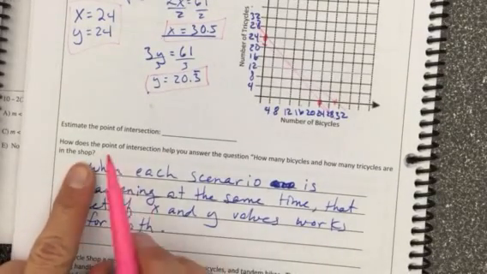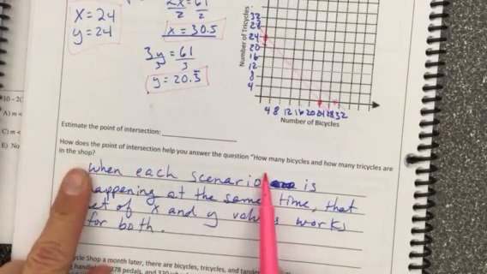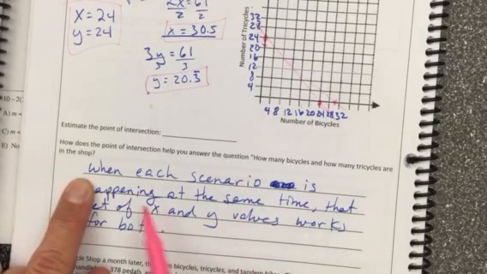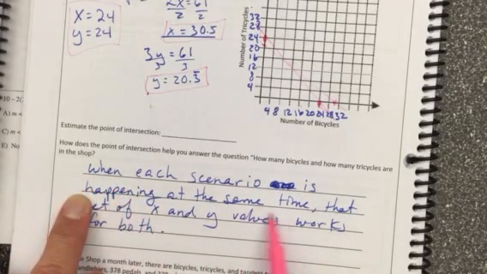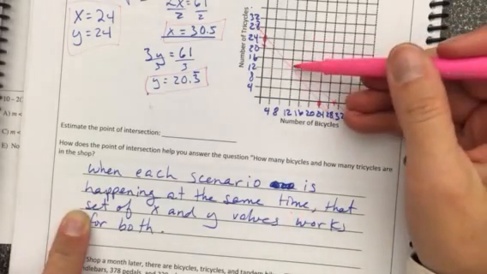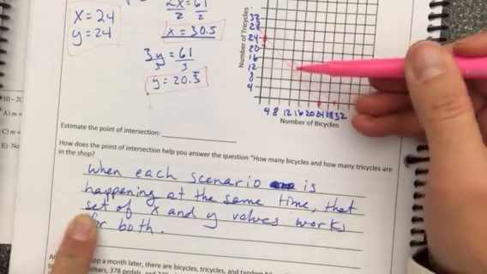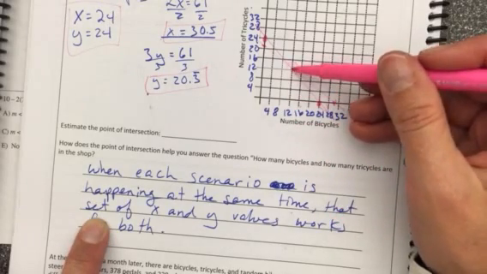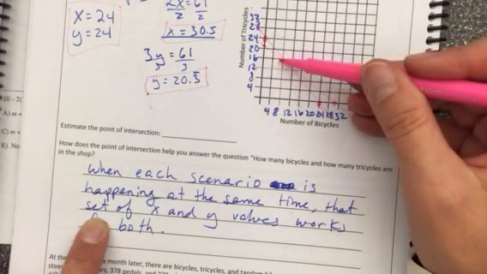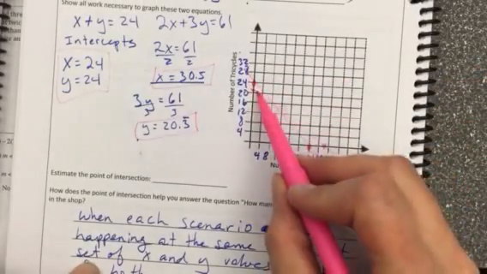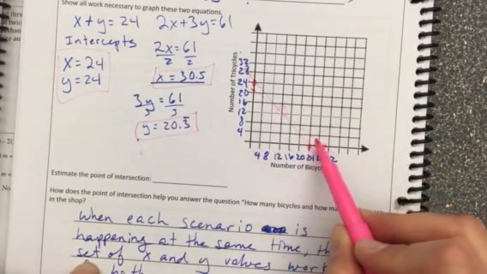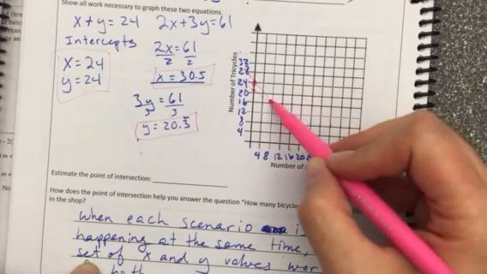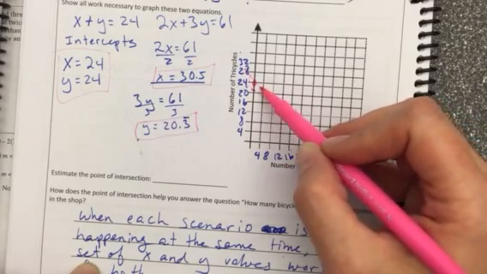So the deal with the point of intersection is how many bicycles and how many tricycles are in the shop. So you're finding when each scenario is happening at the same time, what is that one set of coordinates that works for both lines, because all these values work for this line, and all these values on this other pink line work for that line.